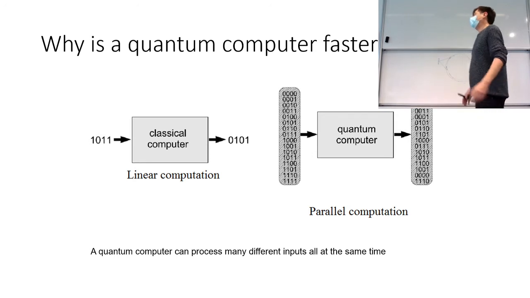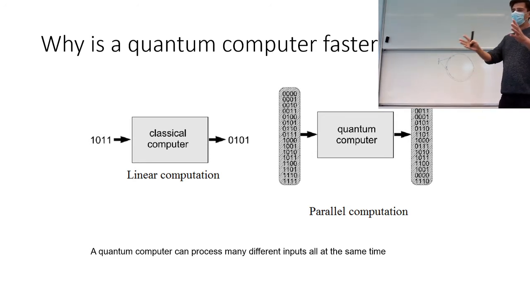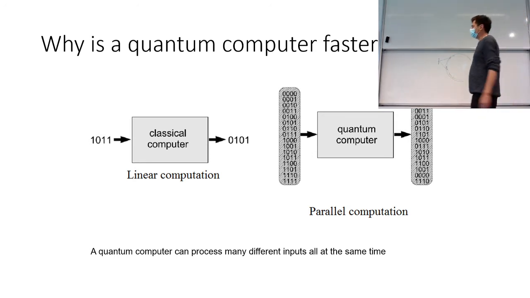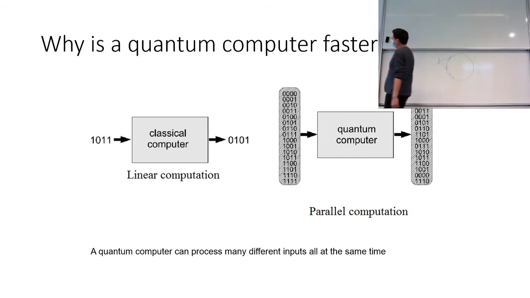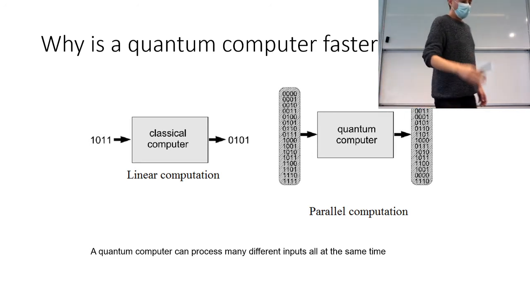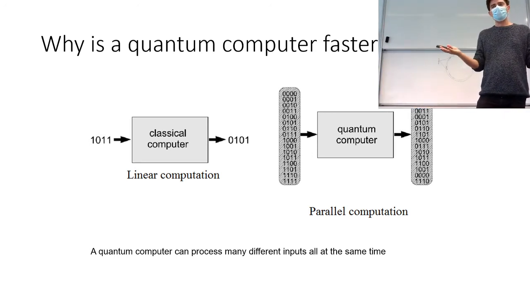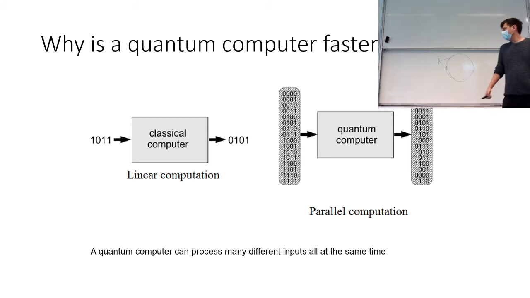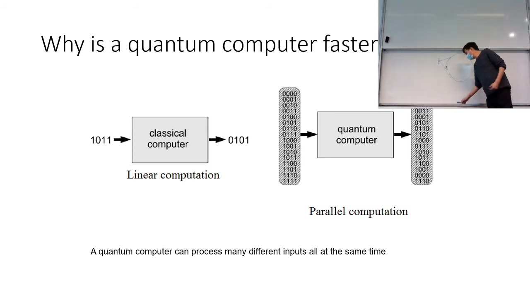But if we're just talking about the one computer, it will process one input at a time. But in a quantum computer, you can have this aspect where things can be in superposition. We talked about this, if you remember, when you have a wave. Waves can be in two places at once.